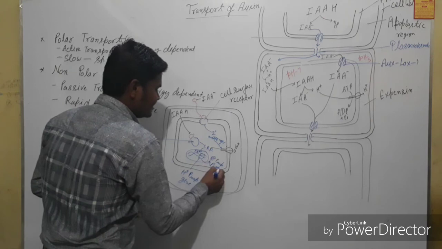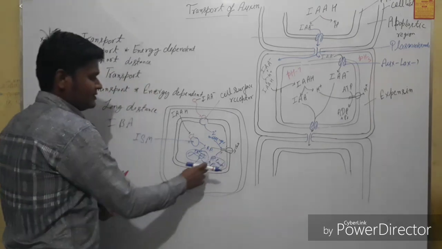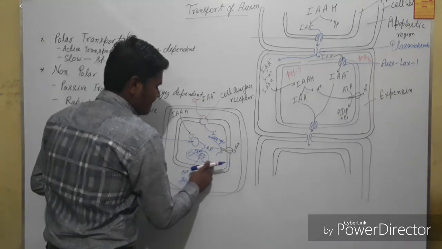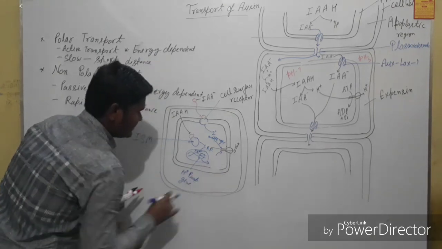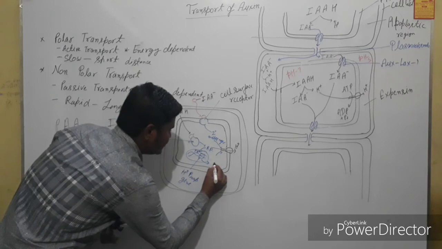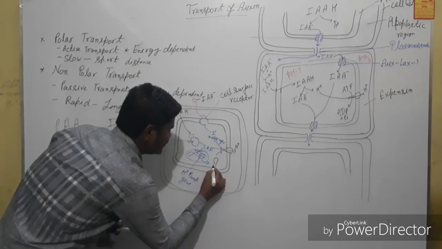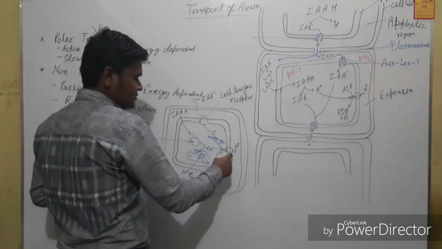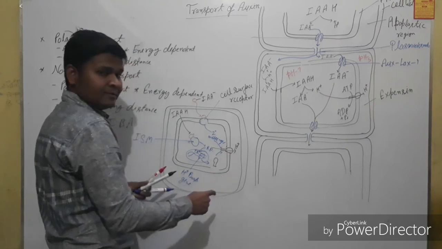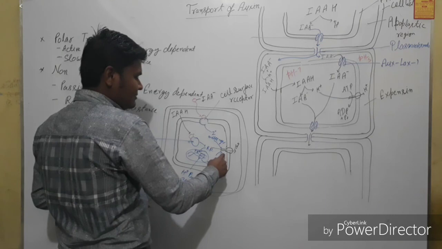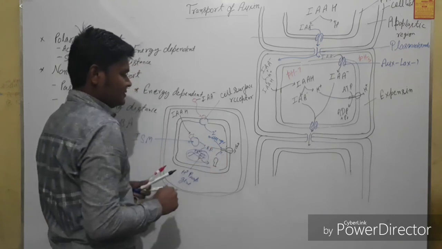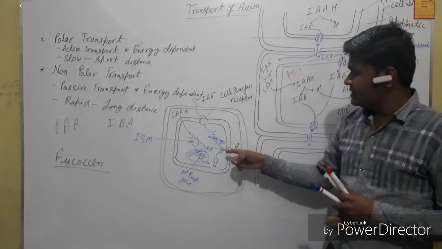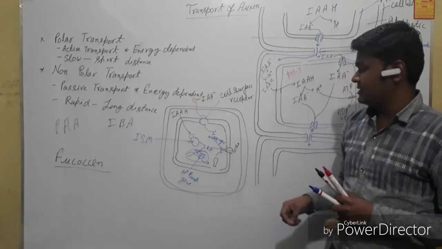This protein comes here and is transported to the plasma membrane, and it also activates this. Once the hydrogen ion pump of the plasma membrane is activated, then the hydrogen ion comes here.